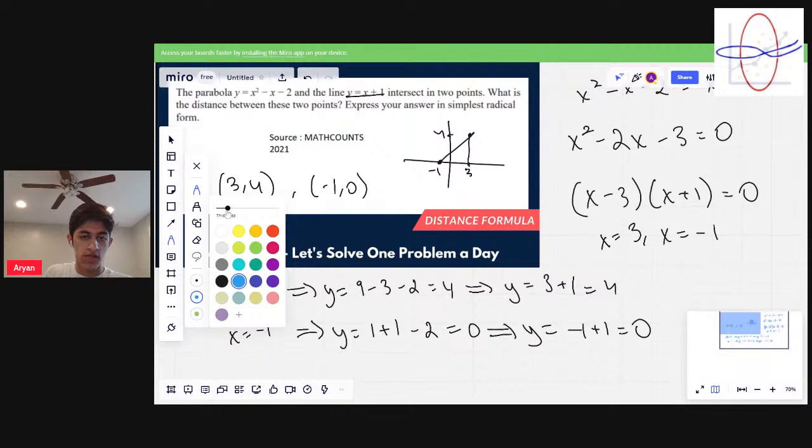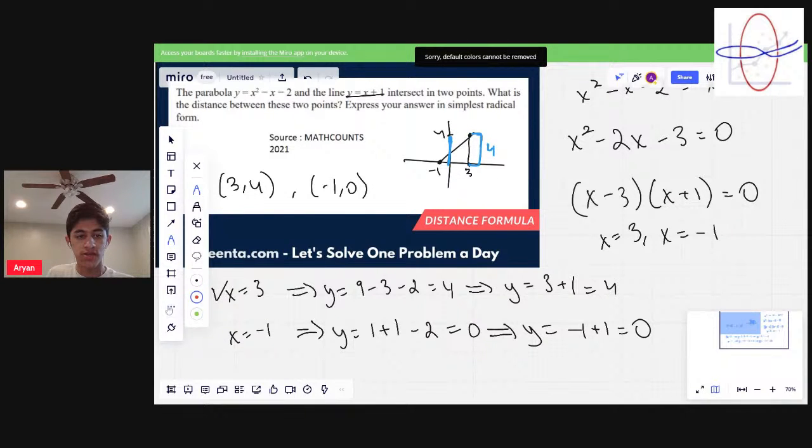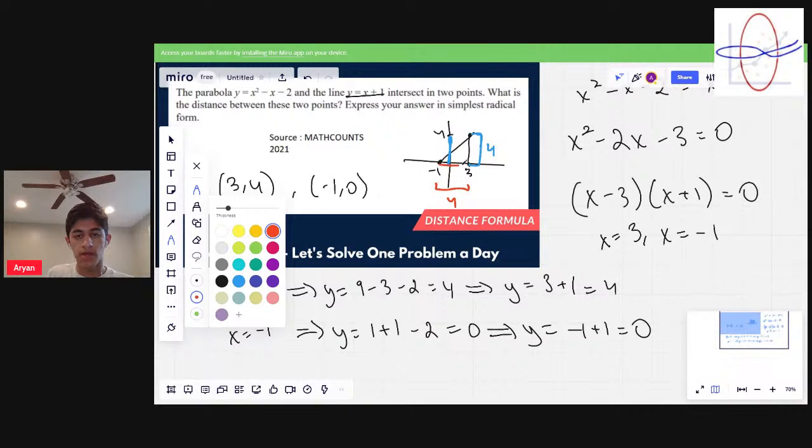So in this right triangle that we formed, the height is 4, and the width is also 4, because negative 1 to 3 is 4.